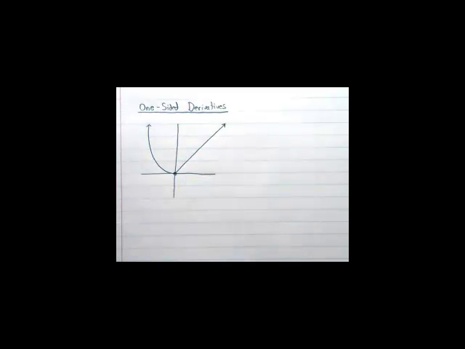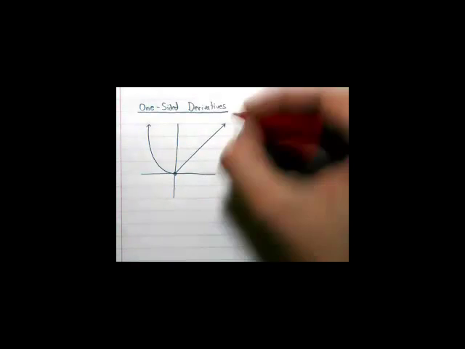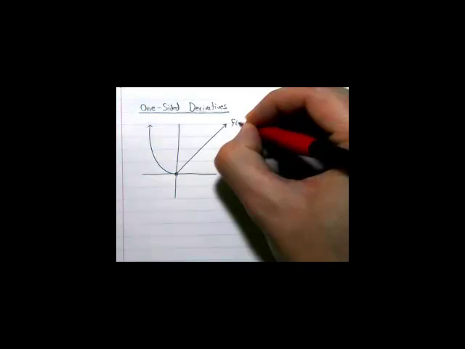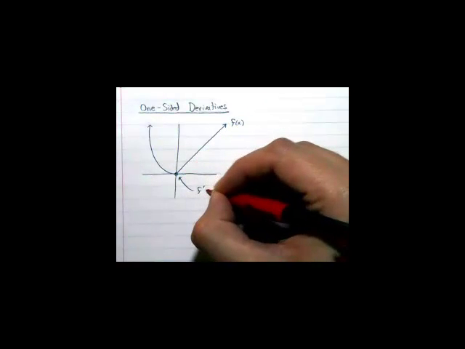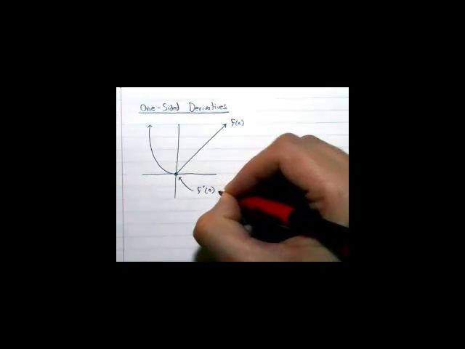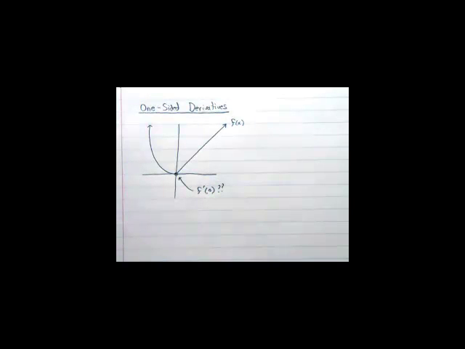I want to know what's the derivative at 0. So if this is f of x, what is f prime of 0? Okay, not f of 0, f prime of 0. So what is the slope there?